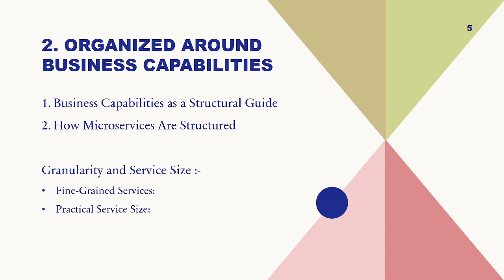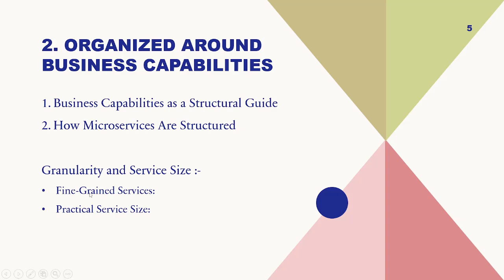There's one important point in how microservices are organized, which is fine-grained services. Let's talk about what it is. Granularity and service size. A critical balance needs to be struck when deciding the size of each service.